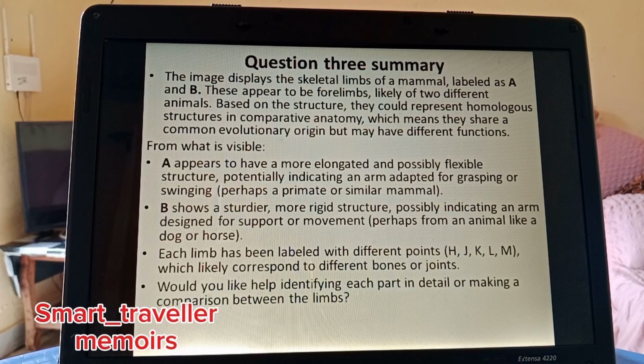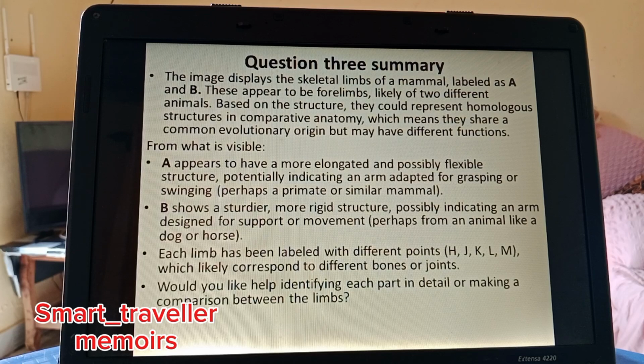B shows a sturdier, more rigid structure, possibly indicating an arm designed for supporting movement, perhaps from an animal like a dog or horse. Each limb has been labeled with different points, H, J, K, L, M, which likely correspond to different bones or joints.